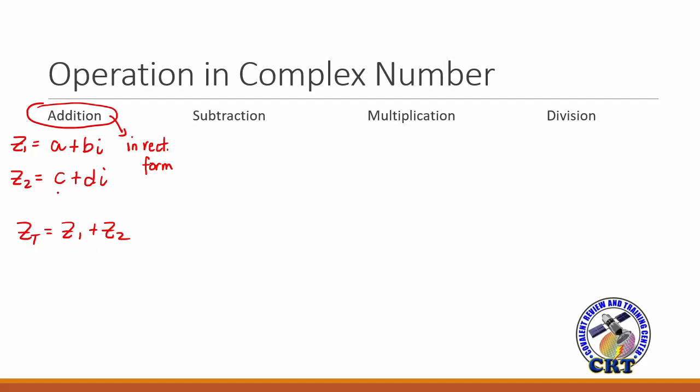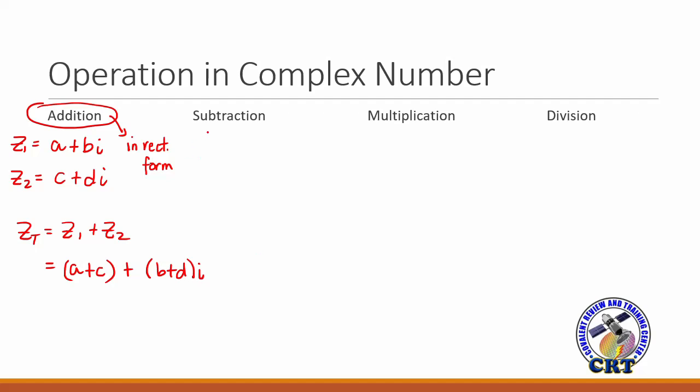Since z1 and z2 are already in rectangular form, we just need to add the real part to real part, and add the imaginary part to imaginary part. Okay? So that is the addition operation.